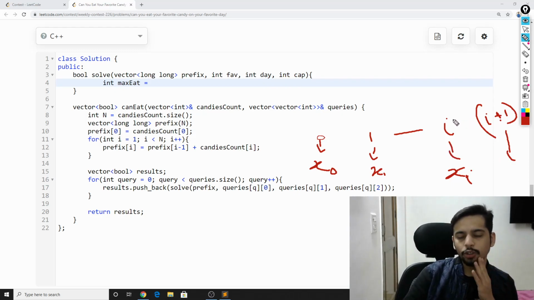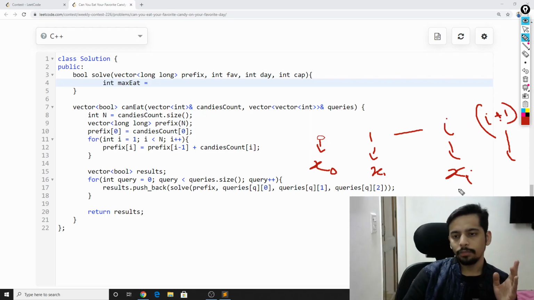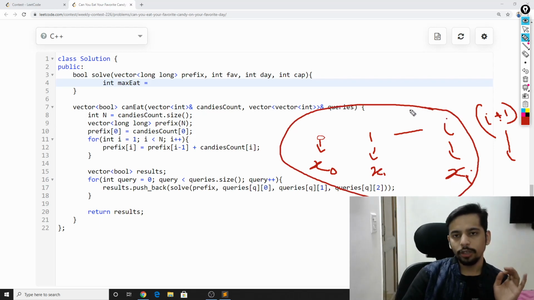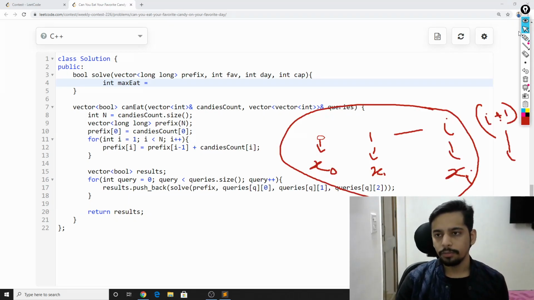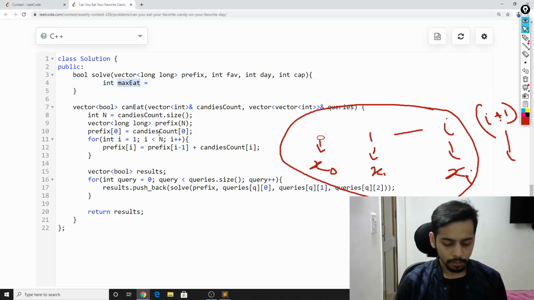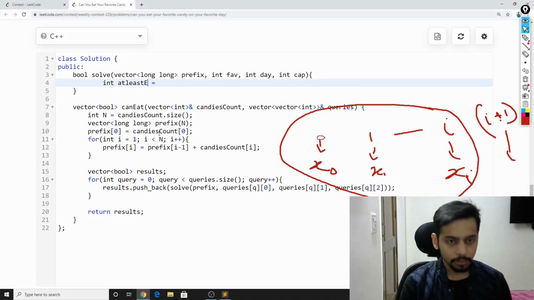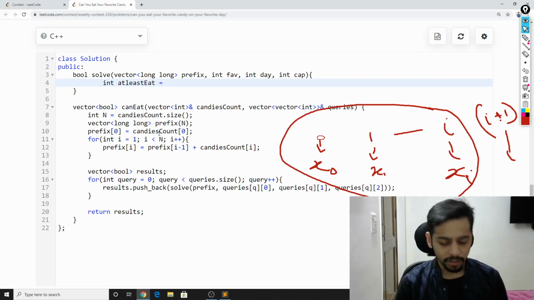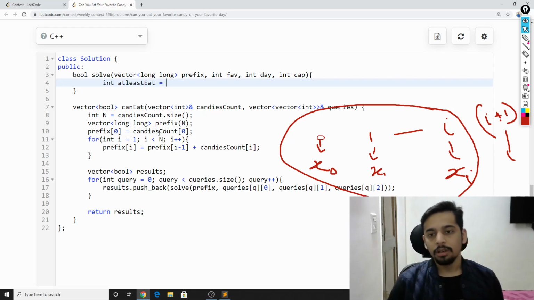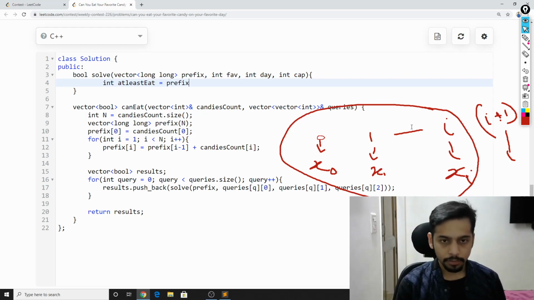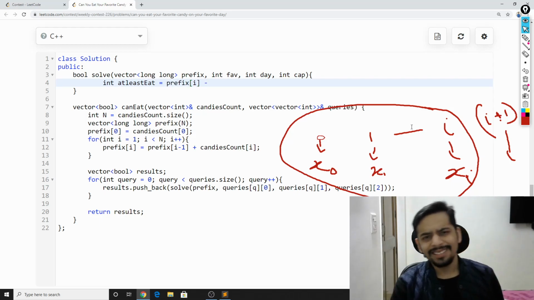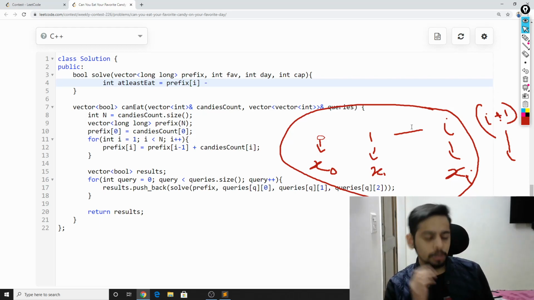First of all, let's find out the at least I should eat till this particular day. You should at least eat this many chocolates. And what is that at least? You should be able to eat all of these prefix at I, except that you may not eat a few of them.